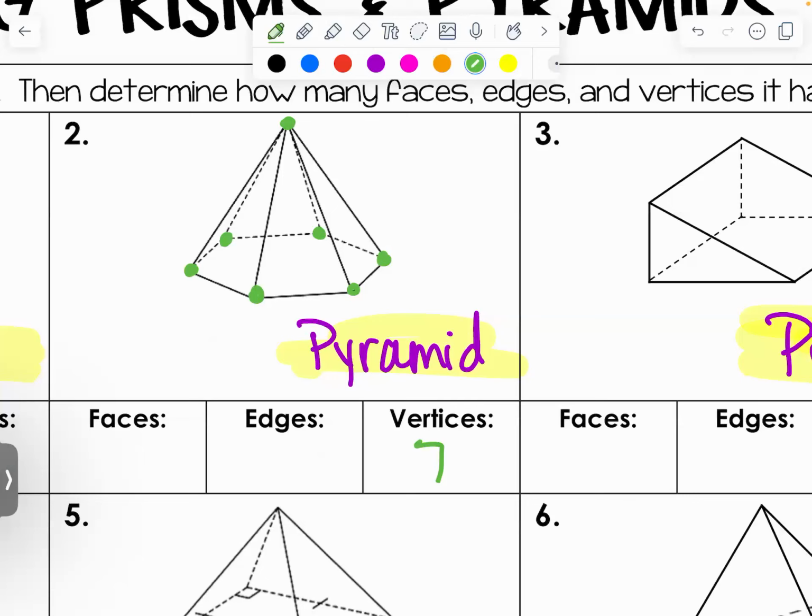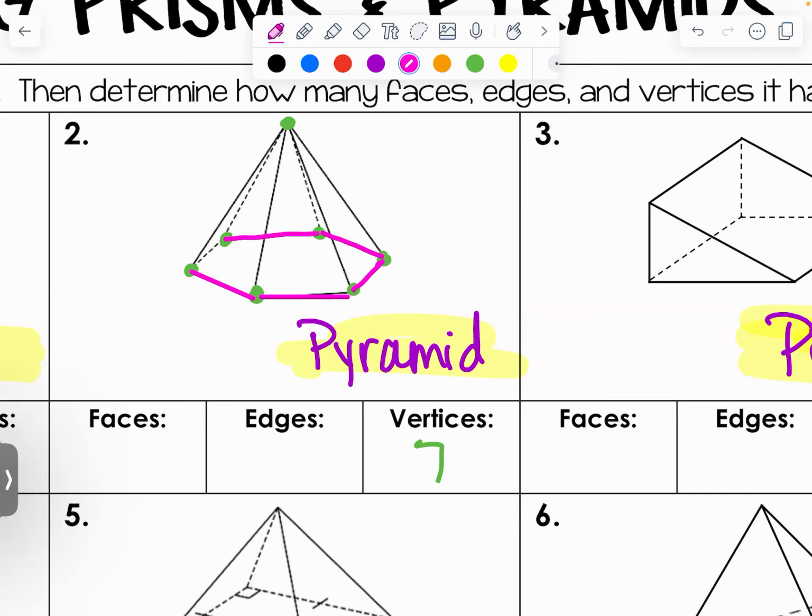Now, I want you to understand that those dotted lines are for edges that are behind our figure. Okay, so when we count the edges, I'm gonna connect. Here's 1, 2, 3. Dot to dot is 4.